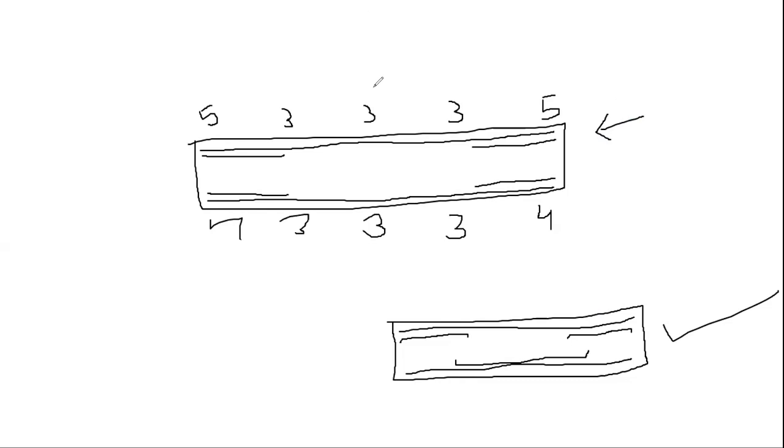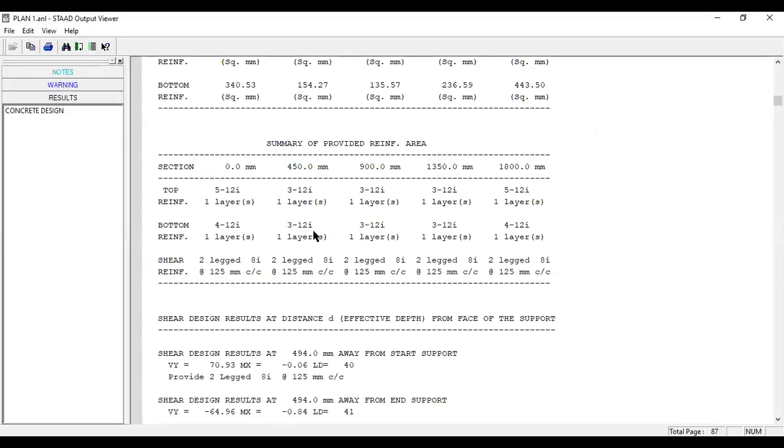You can write in the chat. For this beam, I am telling you 5, 3, 3, 3, 5 and 4, 3, 3, 3 and 4. So there is 2 extra, 2 extra, 1 extra and 1 extra.